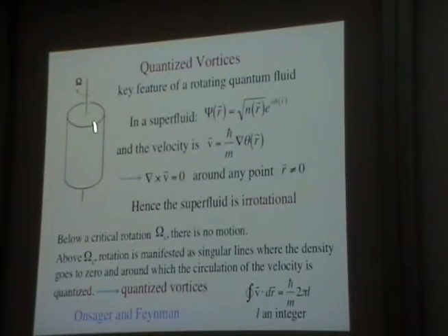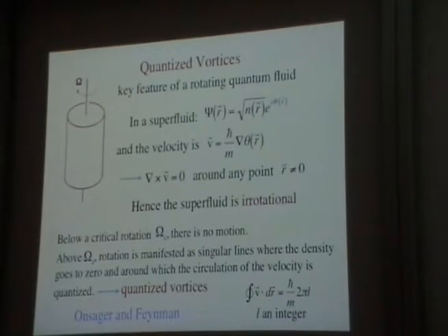When you have a vortex in the system, it still has to be irrotational, and you still have to satisfy this condition. But along the vortex, which is a singularity, if you integrate around it, the wave function just has to be continuous going around.